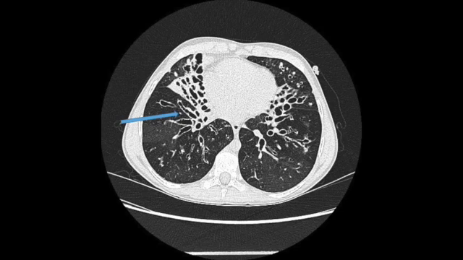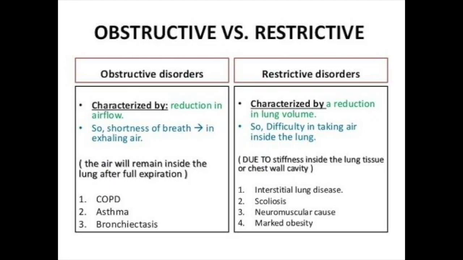So now we'll go over obstructive versus restrictive disorders. So for PFTs on obstructive, you'll have increased lung volumes. There'll be hyperinflation with increased total lung capacity, residual volume to total lung capacity, and functional residual capacity. Again, for obstruction, you'll have a decreased FEV1, a decreased FVC, and again, a decreased FEV1 to FVC ratio.